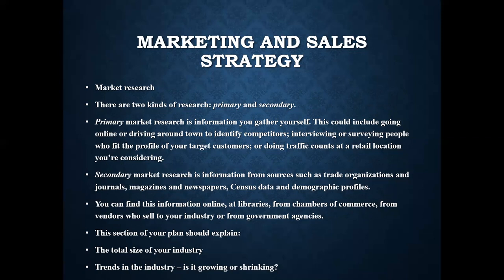You can find this information online, at libraries, from chambers of commerce, vendors who sell to the industry, or from government agencies. It's so critical, because if you're going to put together your business plan, they're going to expect this type of data. And today, because of online, you can get most of this stuff cheap if you know how and where to go to gather this information.